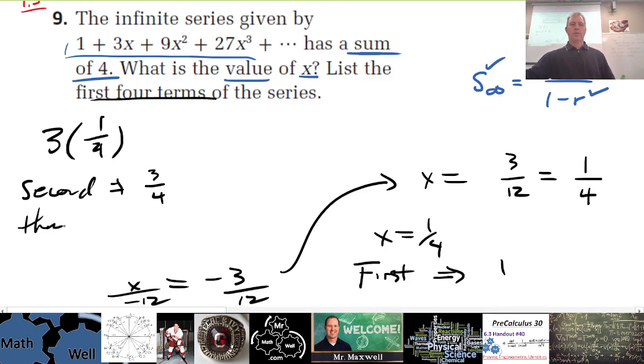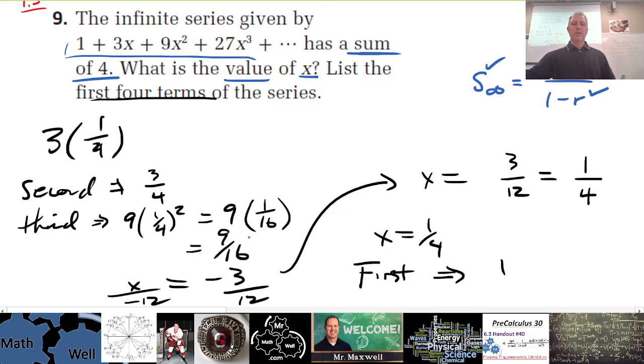The third is going to be 9 times 1/4 squared, or 9 times 1 over 16. 9x squared, yeah, 9 over 16 is the third one.